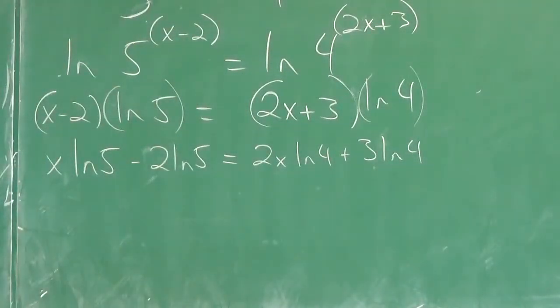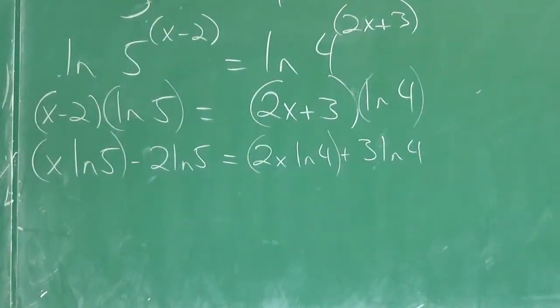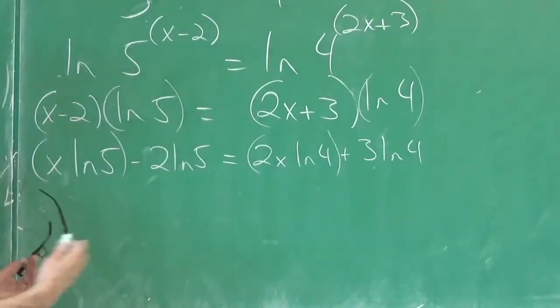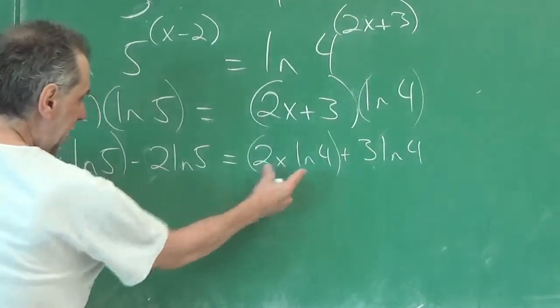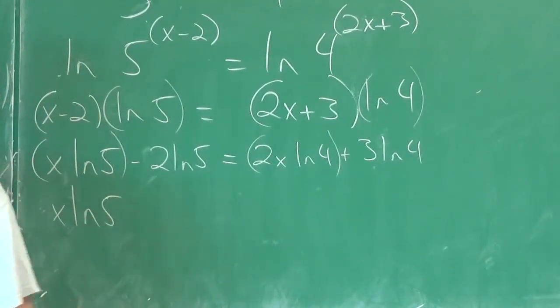All right, so you just got to be careful. There's just a few extra steps here, but pay attention to detail, do the little things, gather the terms with x's. So this has an x in it, and this has an x in it. So we want to put those on the same side of the equation and put everything else on the other side. Doesn't matter which side. I'll bring this and this to the left-hand side, so the x ln 5 stays where it is.